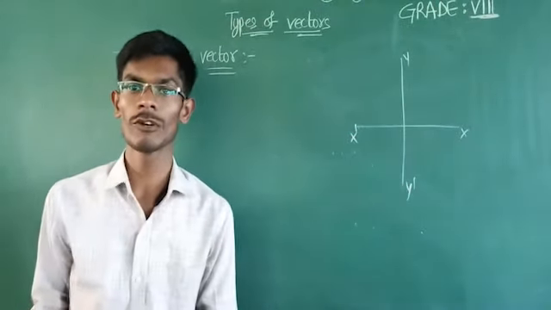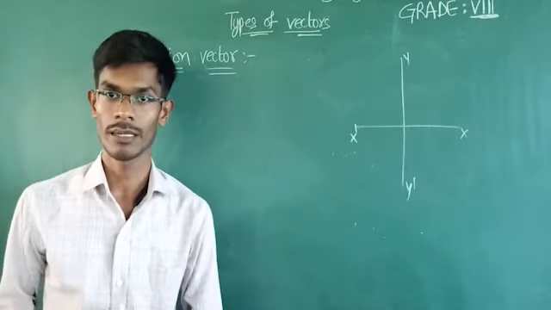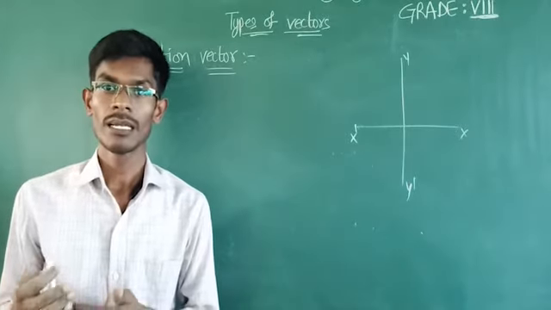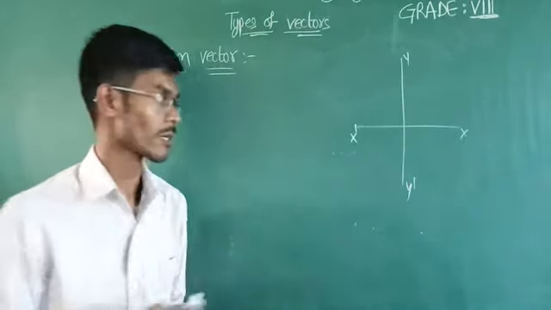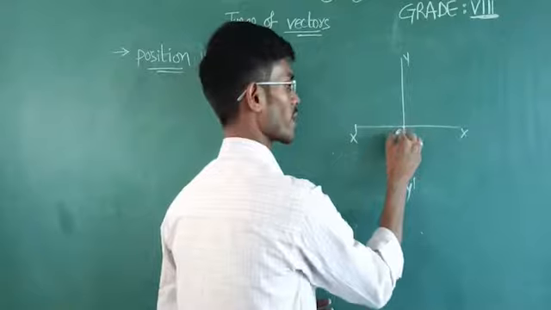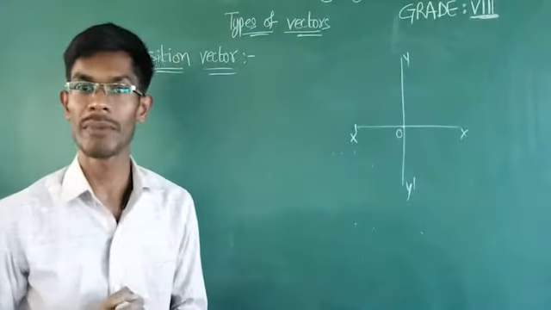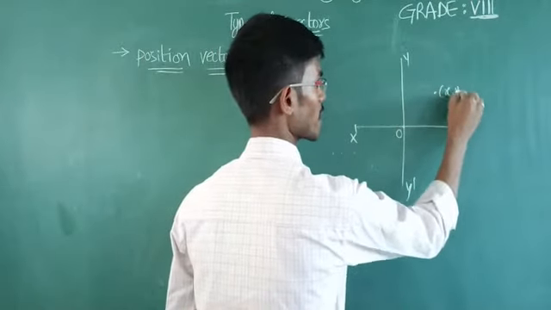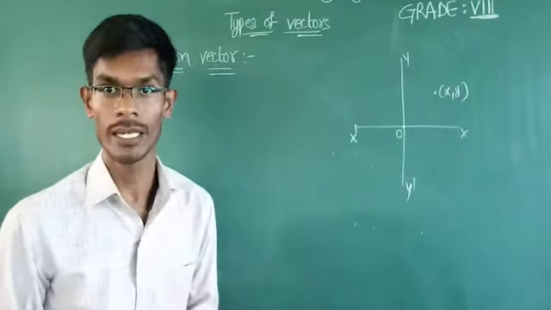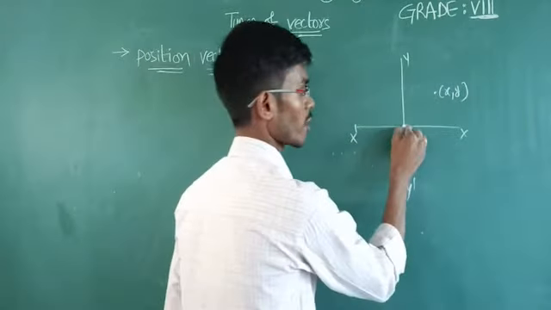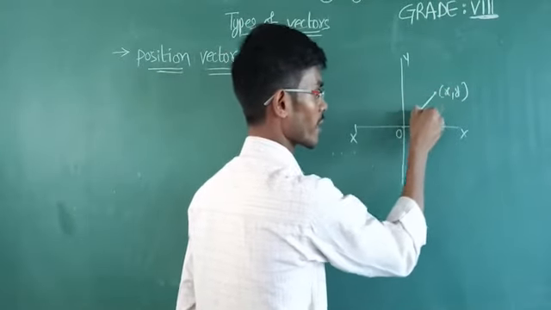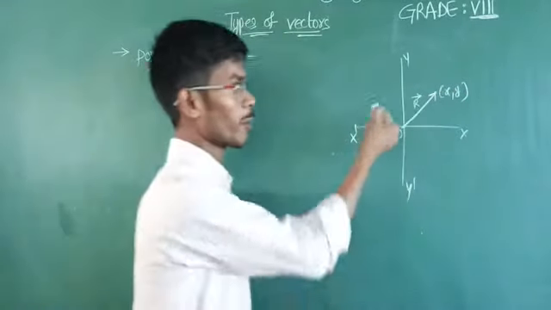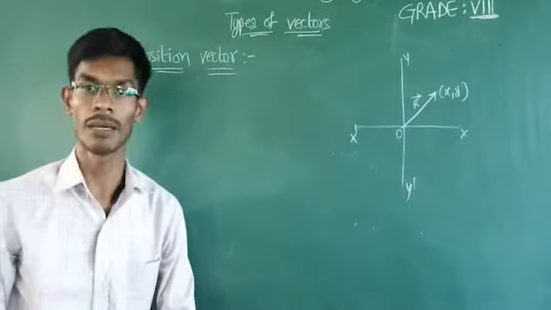If you want to specify the position of a vector, we will consider a fixed point. Suppose I am considering the origin as my fixed point, and there is a point x comma y. The line joining this origin to this point represents the position vector. Suppose I consider r bar, the position vector of xy is r bar.